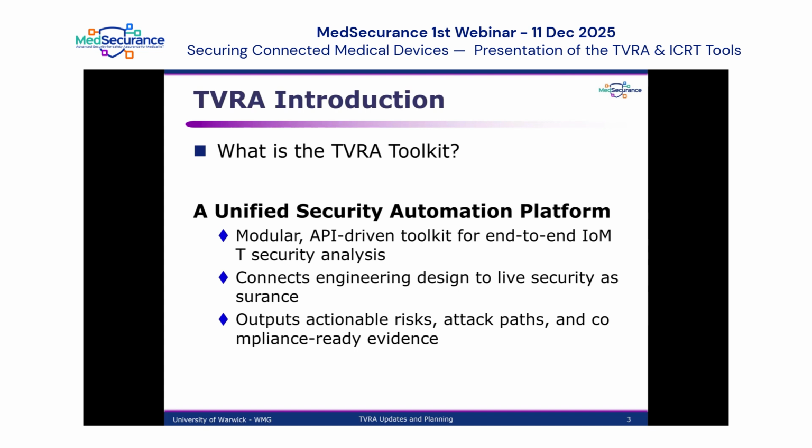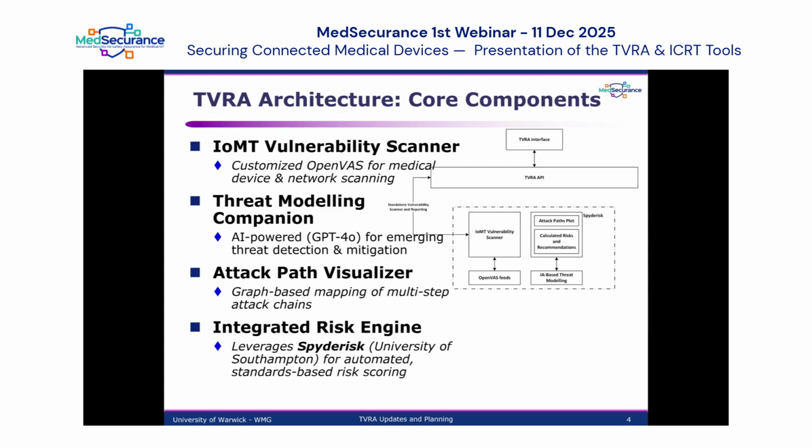So this is the basic architecture of TVRA, which you can see in the image. Basically, it has four main components. The core component is the IoMT vulnerability scanner. The role of a vulnerability scanner is to scan the IoMT network and identify the threats and vulnerabilities within the IoMT network.